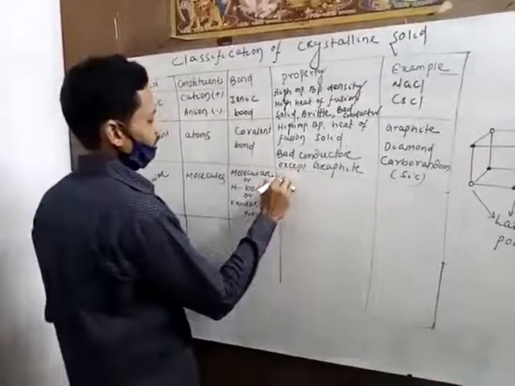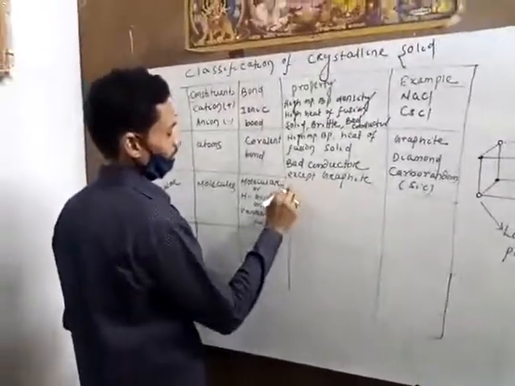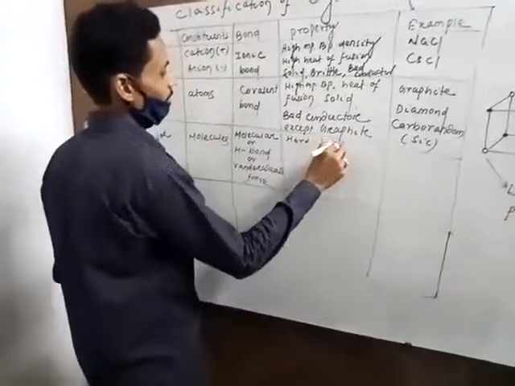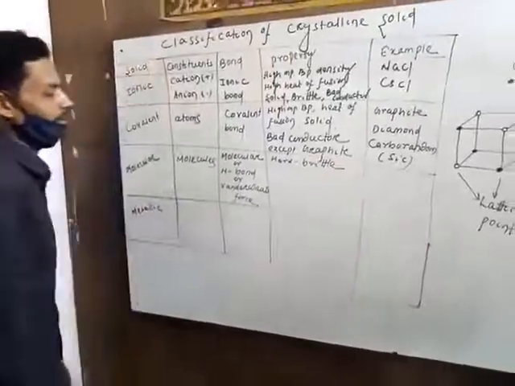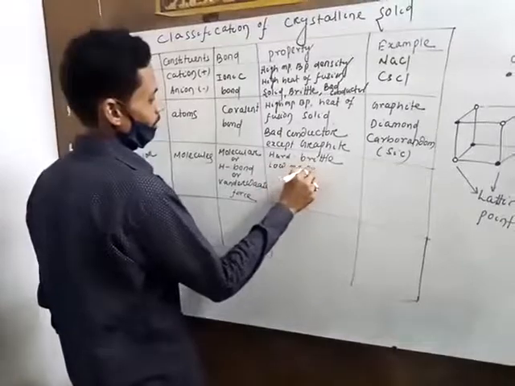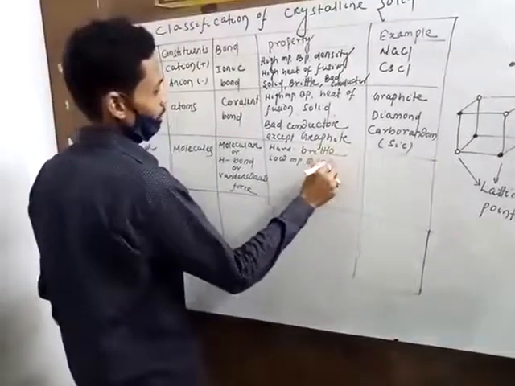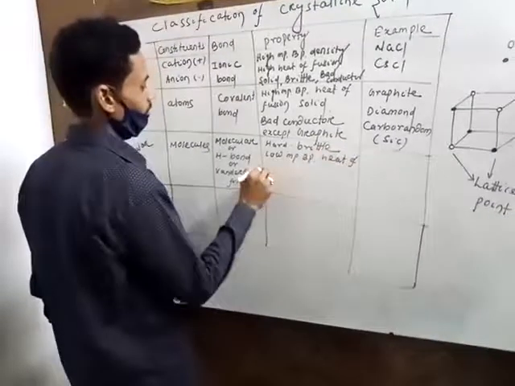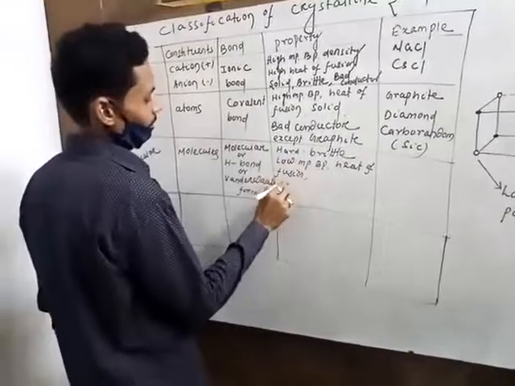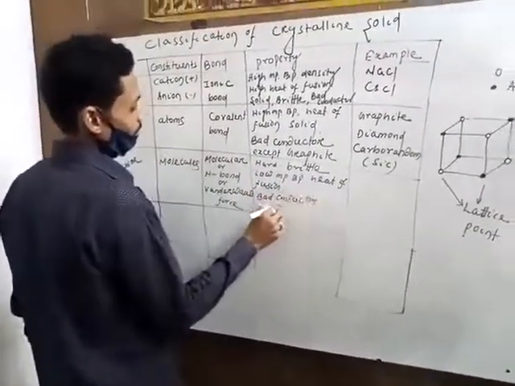So these exist in solid state. These are hard to brittle, mostly having low melting point, boiling point, density, heat of fusion. And these are also bad conductors or insulators.